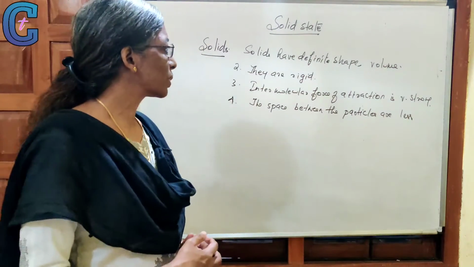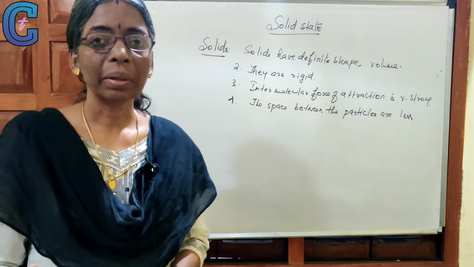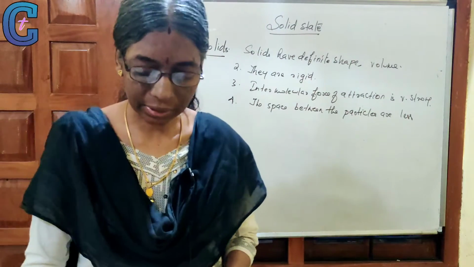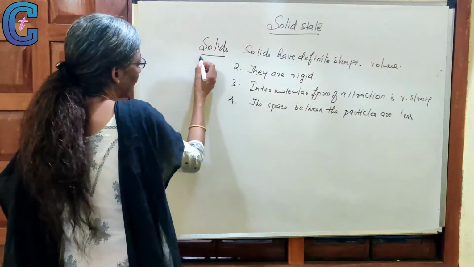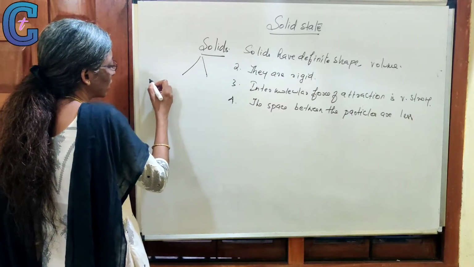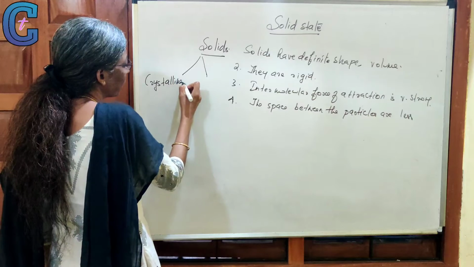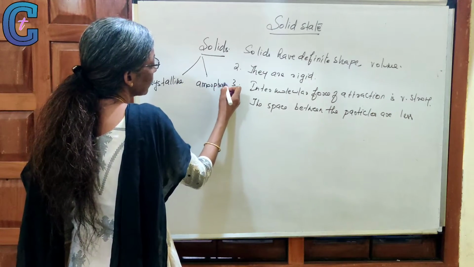Now we are going to see how the solids can be classified based upon nature of arrangement of particles. The solids can be classified into two types. One is called crystalline solids. Second one is called amorphous solids.